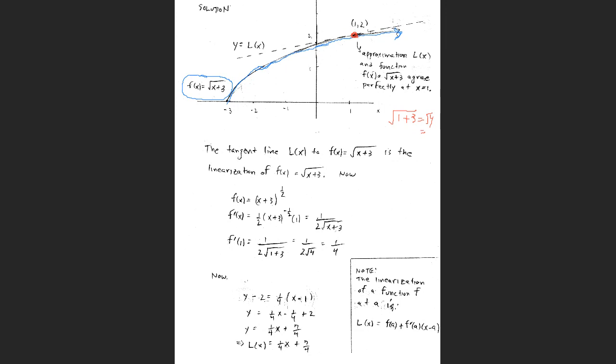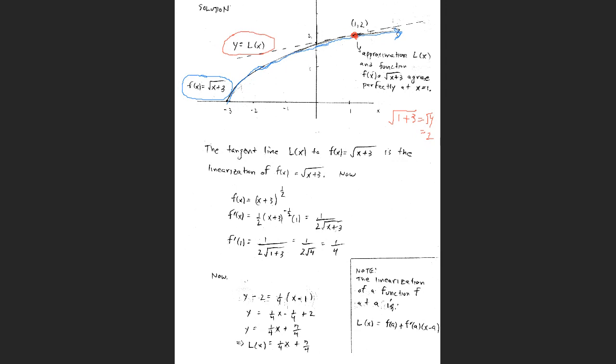So the coordinate 1, 2 is on my function. What is this L of x line that I've drawn? It's a tangent line. The tangent line to the function f of x equals square root of x plus 3 at the point 1, 2 is given by this y function, which I call L of x.